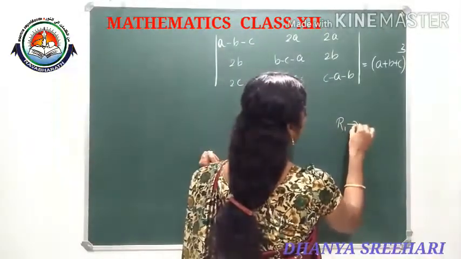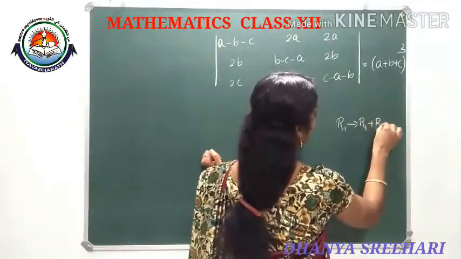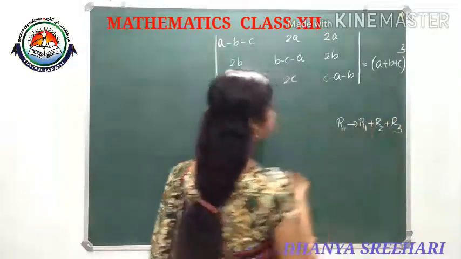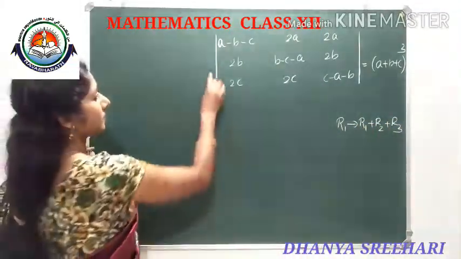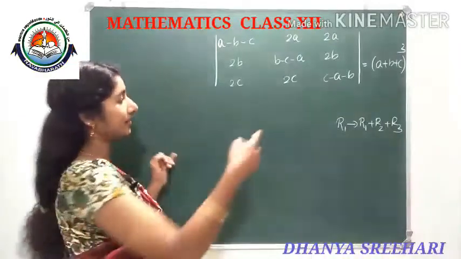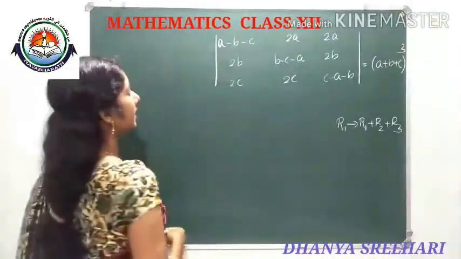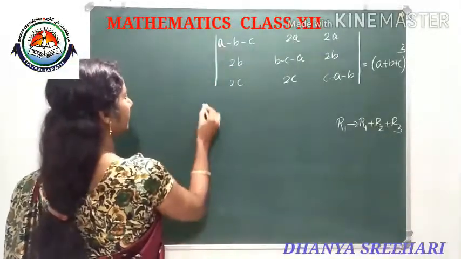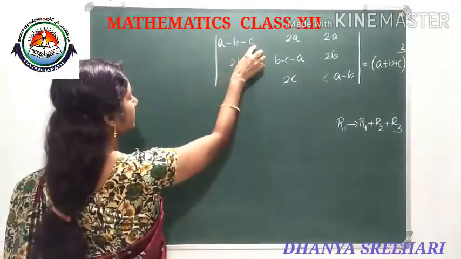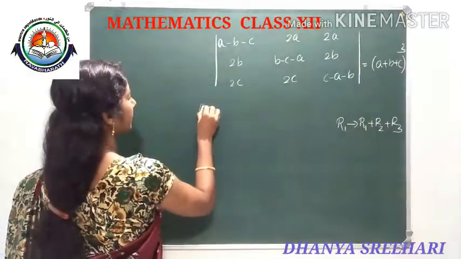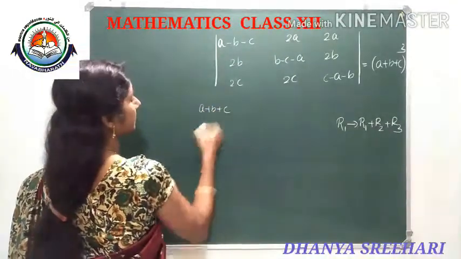So R1 changes to R1 plus R2 plus R3. Okay. See how we are getting that idea? We need a plus b plus c, so we are going to make that one. Adding these three, a minus b minus c plus 2b plus 2c will come a plus b plus c.